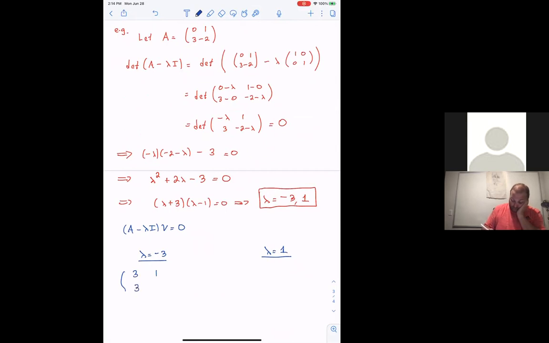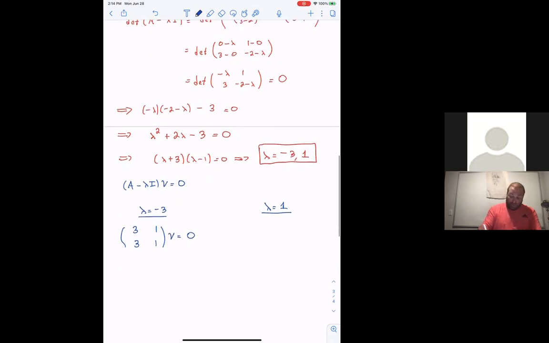Negative 2 minus negative 3, that's negative 2 plus 3 is 1, times the vector v is equal to the vector 0. Of course, I want to solve for v, so rather than writing it as just v, I'm going to write it as x, y, where I want each of x and y, and since it's equal to the vector 0, I will write it as the vector 0, 0.